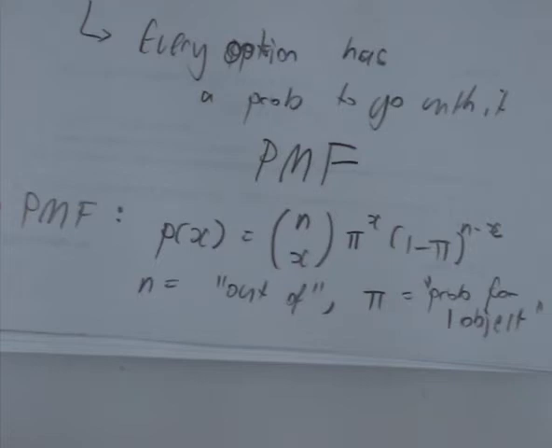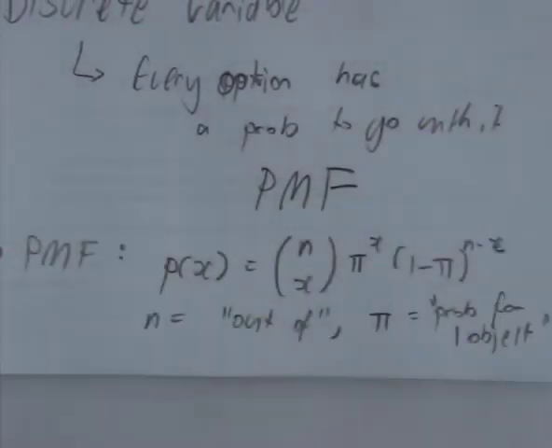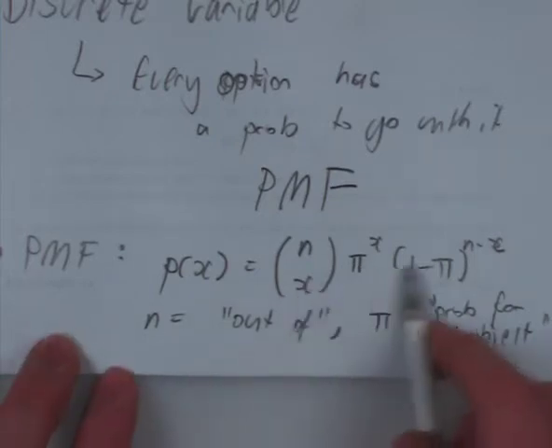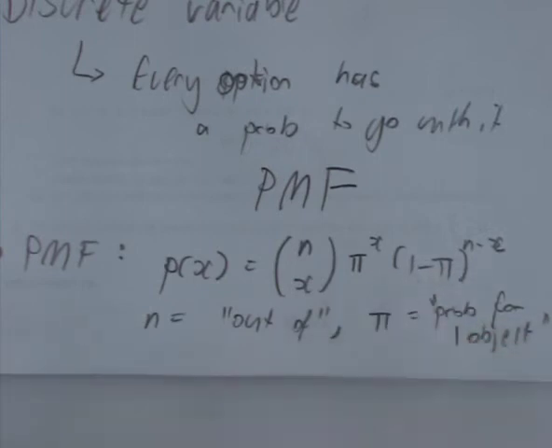Just as an example, I'll get to a proper example in a minute, but it might say the chances for one light bulb of dying in 500 years is 20%, and so that pi there would be 20%, so 0.2. And that n was out of 100 light bulbs before. So you need to know what goes in these spots to figure that out.